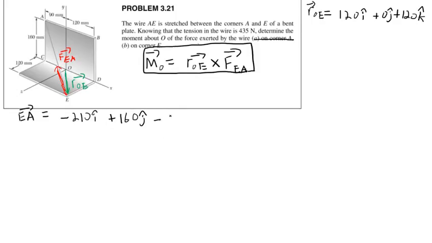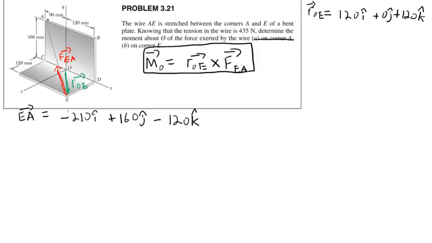Questions on any of this, how I've gotten this? It should be, because look, from here to the back of the plate, we start at the coordinate of E, which is positive 120.